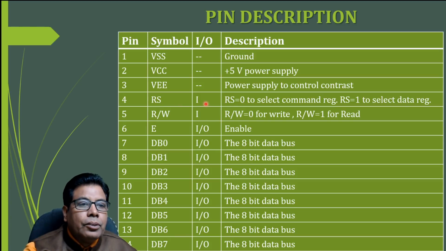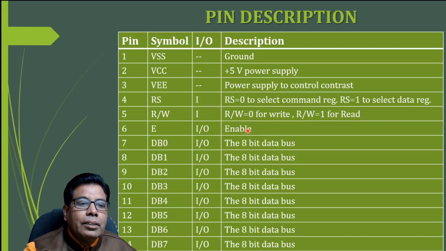Then RS, which is an input pin. RS equal to 0 selects the command register, and RS equal to 1 selects the data register. Then RW, again an input pin. RW equal to 0 is for write, and RW equal to 1 is for read operation. Then E is enable.